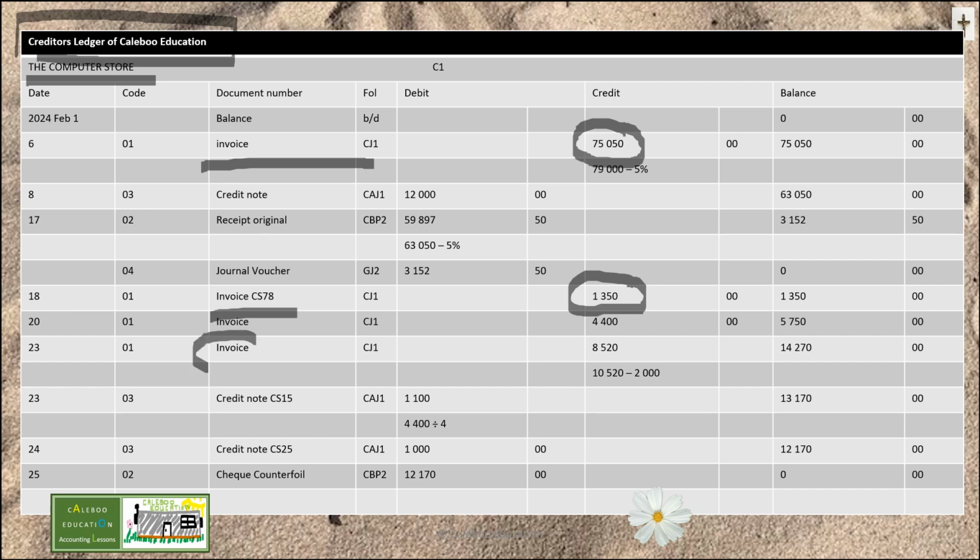So there's another one and another one. I just showed you this because this will help you with the bigger picture. I'm showing you all the transactions that relate to the computer store, but in this lesson we're only doing the credit purchases. So let's move on.